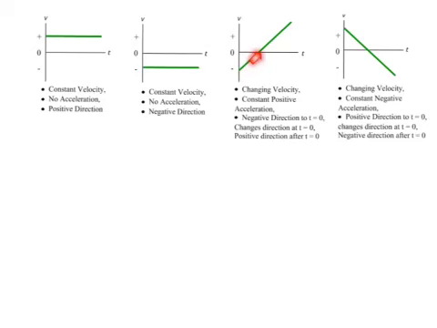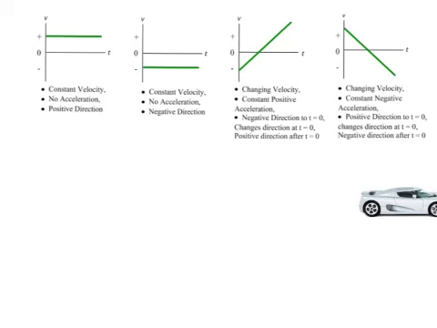In here, it's speeding up in the positive direction. So with this graph here, what you want to do is imagine your object starting out with some negative velocity, slowing down, and then moving and speeding up in the positive direction.